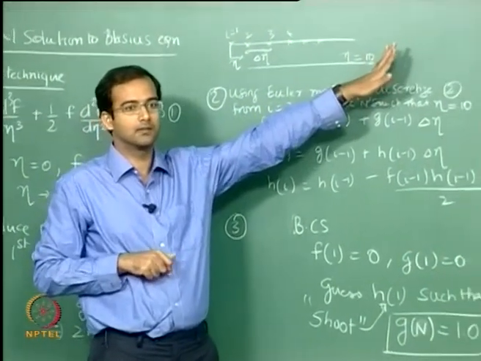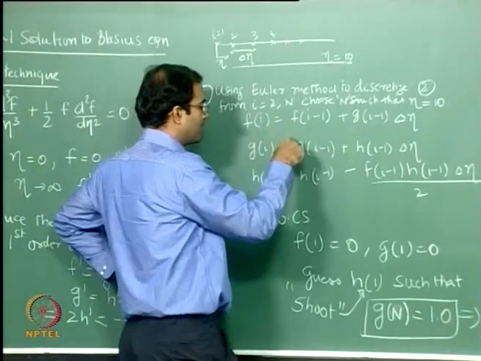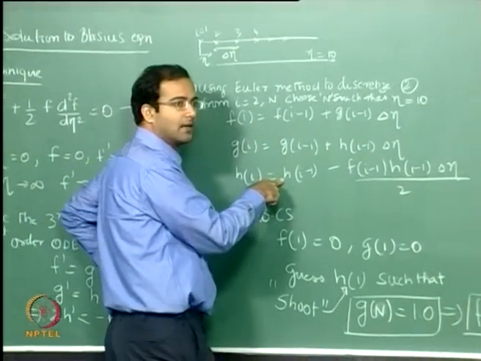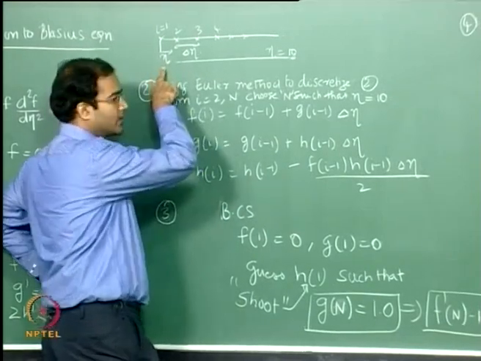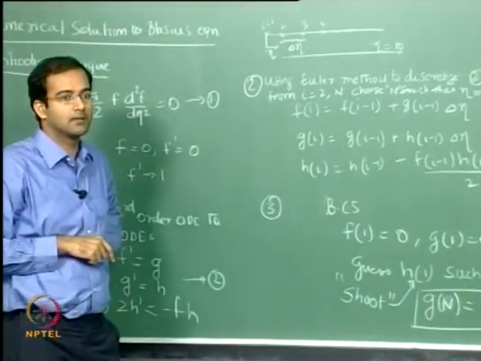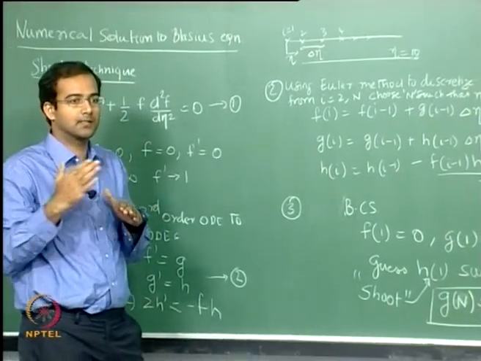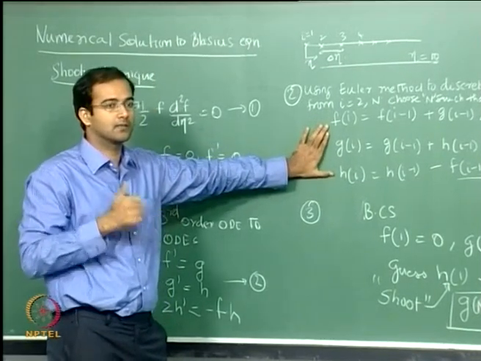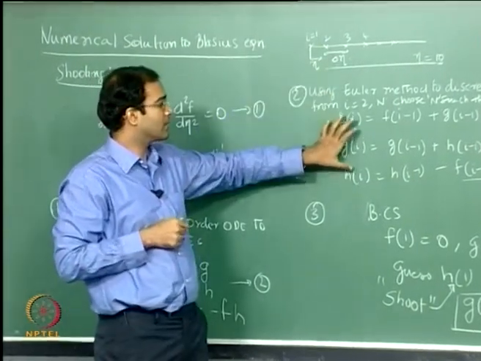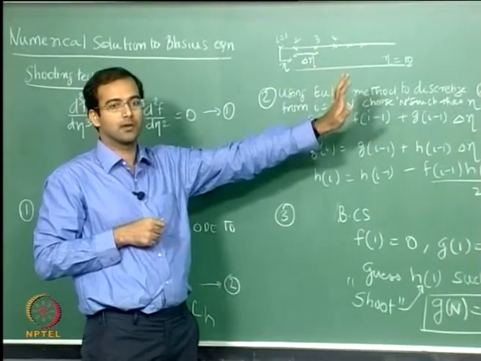Now for this you need boundary conditions for f, g and h all at i equal to 1, and i equal to 1 corresponds to eta equal to 0. So you need all the 3 values at eta equal to 0 to start this marching process, and you have to solve this together. First for the second point you solve all the 3, move to the third point, use that value, and so on and so forth.